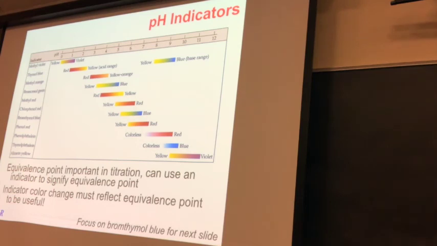So a lot of these things will be colorless while they're acidic, and as you get to basic pHs, they'll go red. So for example, if you have a strong acid plus strong base titration, what is the equivalence point pH for those? 7, nice job. So for strong acids and strong bases, pH should be 7 at equivalence.